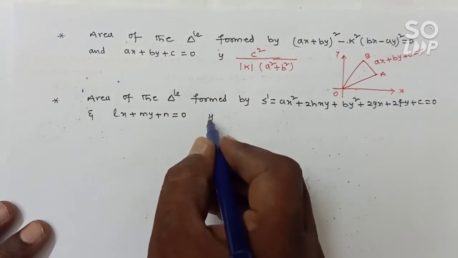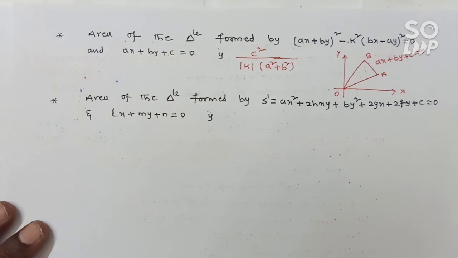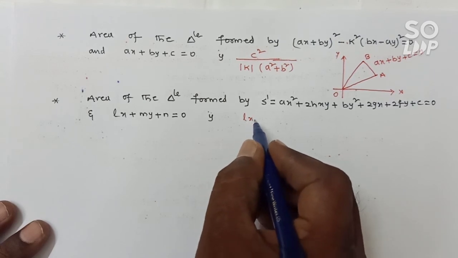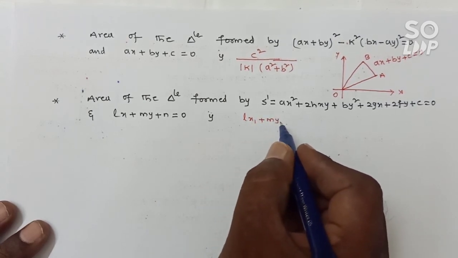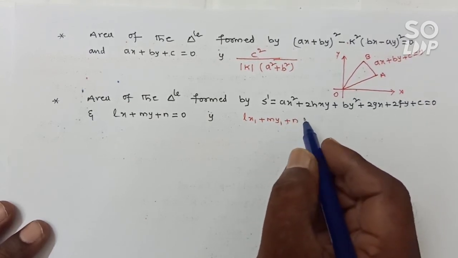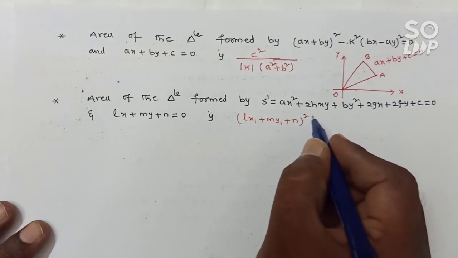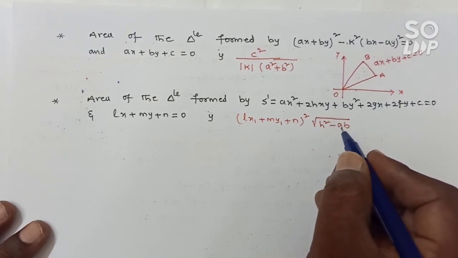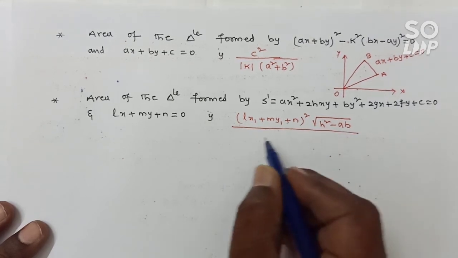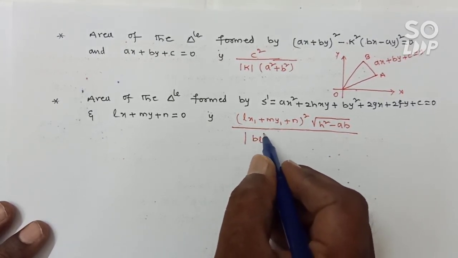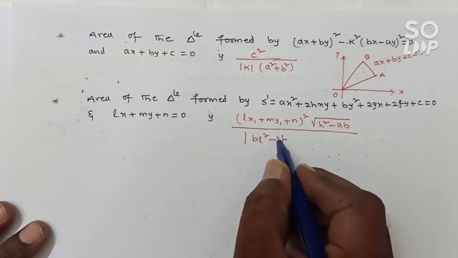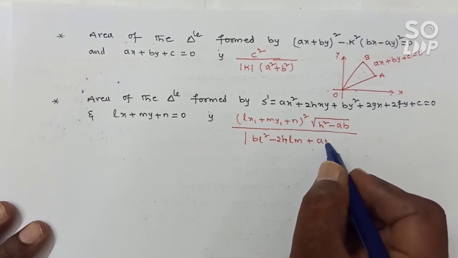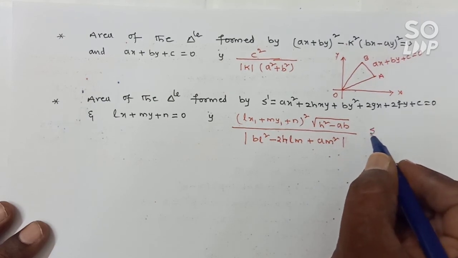Then what will be its area? That will be l into x1 plus m into y1 plus n whole square into square root of h square minus ab whole divided by modulus of b into l square minus 2h into l into m plus a into m square units.